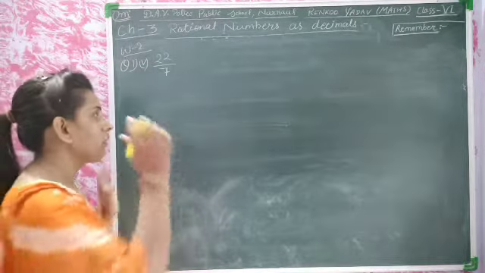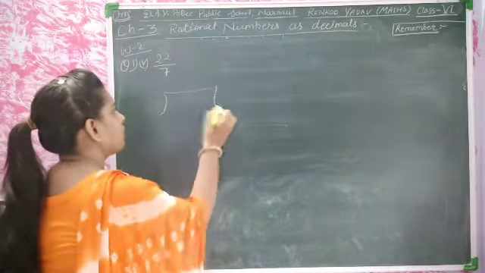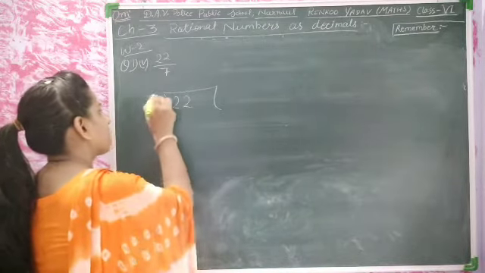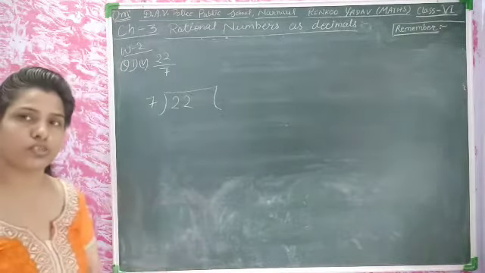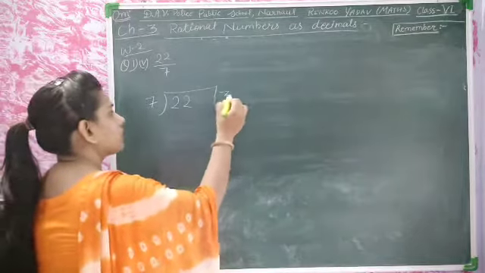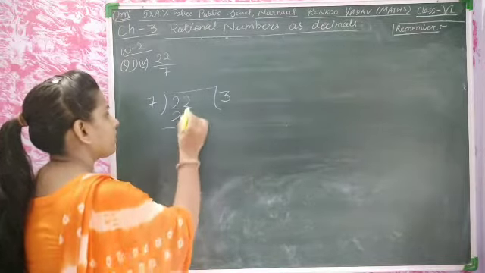Okay students, long division method. It means we have to do it by this method. Now 7 3s are 21. We will divide it.